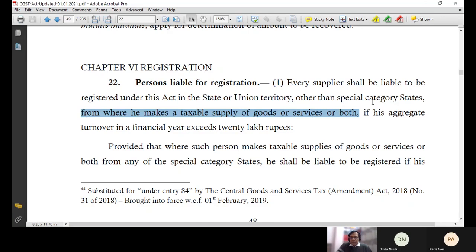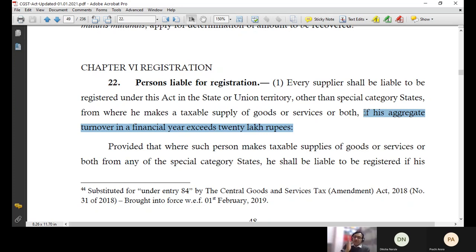Another condition, if his aggregate turnover in a financial year exceeds 20 lakh rupees. This is the main point. So till 20 lakh rupees aggregate turnover in the current financial year. In the composition levy scheme, I was also using the word aggregate turnover, but in the composition levy scheme, aggregate turnover of the preceding year is also relevant, current year is also relevant.